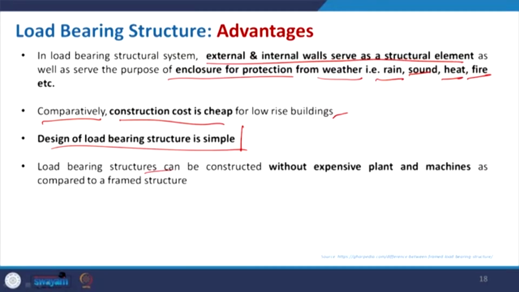Then, the load bearing structure can be constructed without expensive plant and machinery. We do not really require heavy machinery for that. What we need is some brick and mortar, so it can be done with this masonry. Even skilled as well as unskilled labor can help. So it is easy to construct, and the design of all these walls is very simple, hence it is easier compared to frame structure construction.